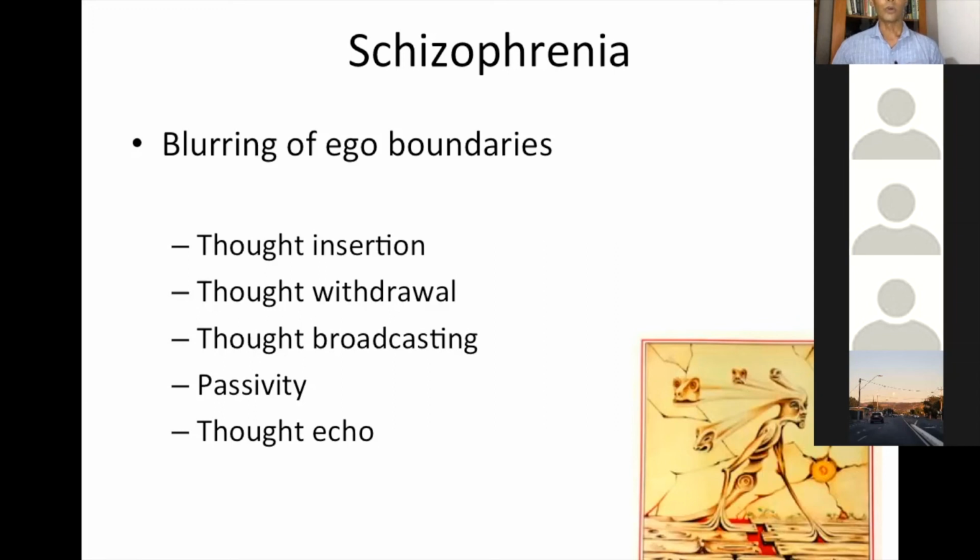Now, what is common about these things, thought insertion, withdrawal, broadcasting, passivity, thought echo, is that these things have something in common. That is, we have a sense of identity about our uniqueness. We have a perceived boundary for our thoughts.